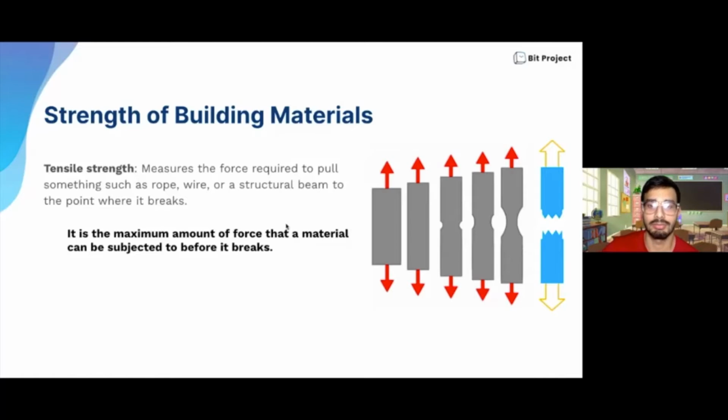Think about a piece of metal, and you keep on pulling it from either side. At some point, it will eventually break, and that's called the breaking point. But how much force it takes before it breaks is what's called tensile strength. So something with more tensile strength is a stronger material.